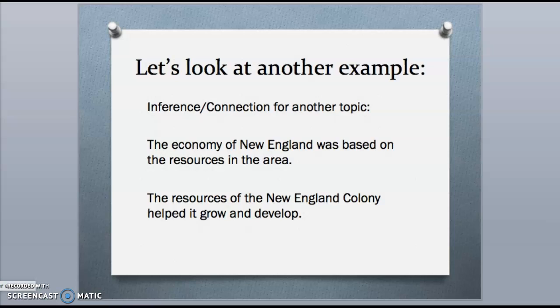Okay, so let me show you with another topic that we modeled. So here's my other example. In my inference connection for the topic of New England economies, I said, the economy of New England was based on the resources in the area. I could reshape this really simply to say the resources of the New England colony helped it grow and develop. That is my solid way of saying what I'm going to talk about.